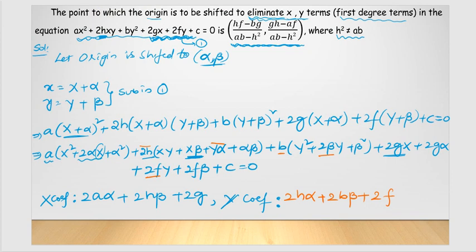So if I want to eliminate these x coefficient and y coefficient, I need to make those values equal to 0.